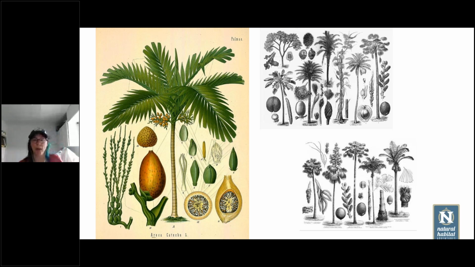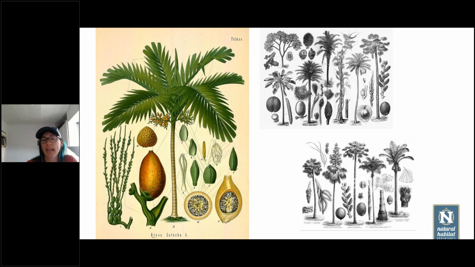So like I said, they can be small, they can be big, they can be climbing, they can be standalone, they can have palmate leaves, meaning leaves that look like a hand, or pinnate leaves, leaves that look more like feathers.